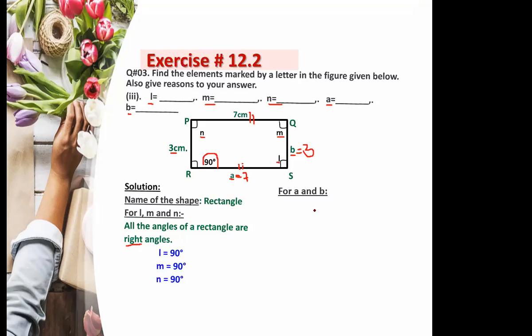So what postulate will you write here? Simply write: opposite sides of a rectangle are congruent. And you will write it down here: A is equal to 7 centimeters, B is equal to 3 centimeters. Right? Understand? Clear?